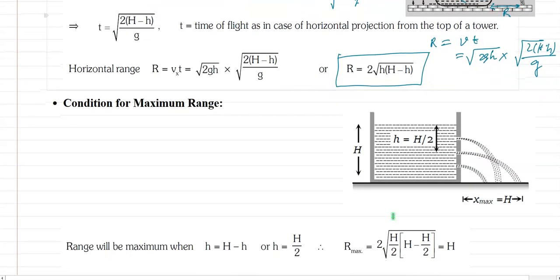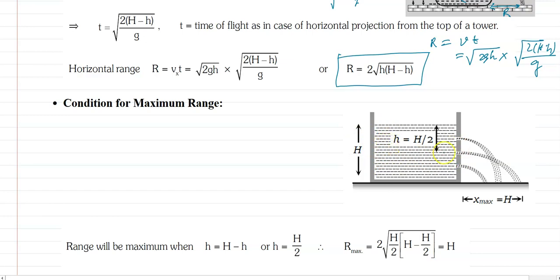Then the condition for maximum range. If I make holes on a vertical tube at this point, this point and this point, the range is maximum for this point, and for this point the range is decreased, and for this point also the range is decreased. So to get maximum range, the height of the hole will be H by 2, where H is the total height of the liquid.